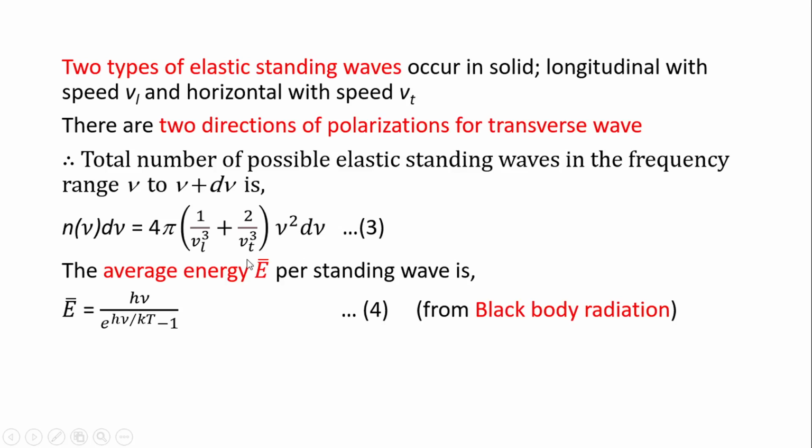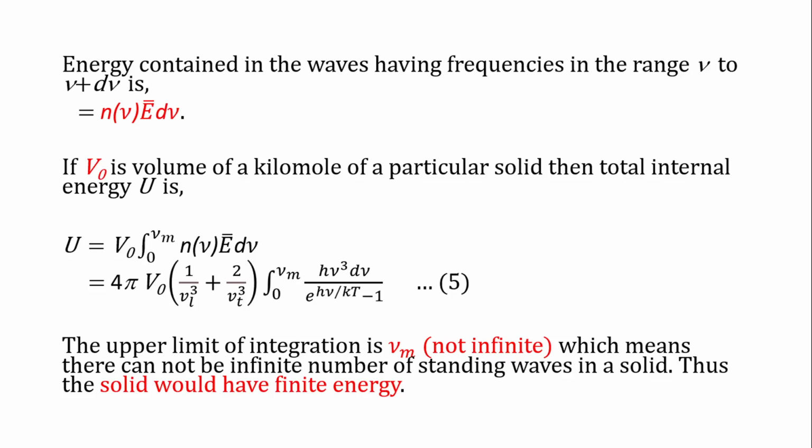So, with the knowledge of the number of waves in the range nu to nu plus d nu and the average energy per oscillator E bar, we can find the energy contained in the solid as n nu d nu into E bar.